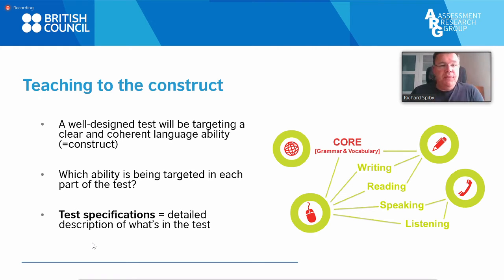And our test specifications, that's our detailed description of what's in the test, should tell us exactly how the test is designed and what the content of the test should be. And that's the responsibility of test makers to give specifications so that teachers can see what's in the test and so that students can see what's in the test as well.